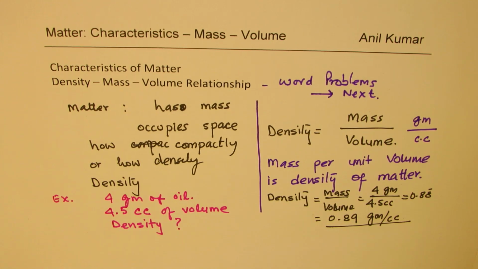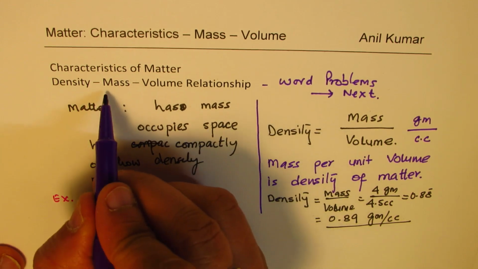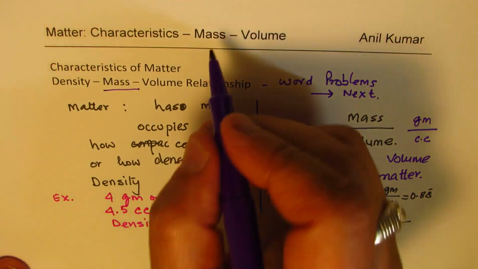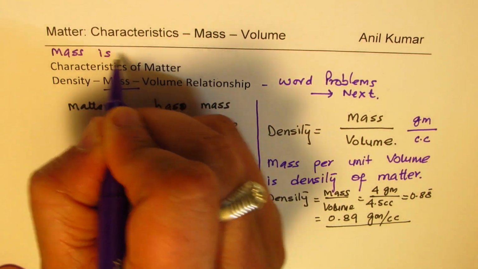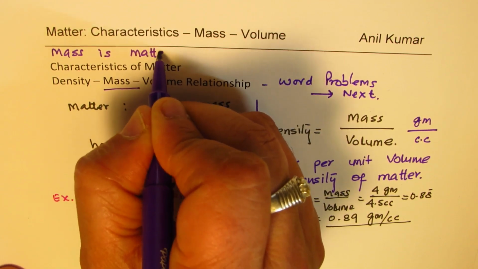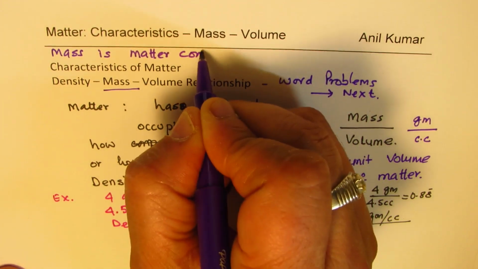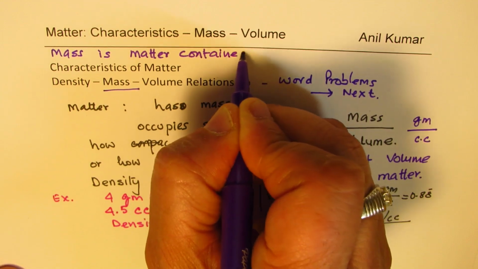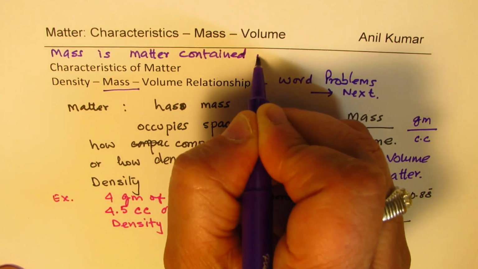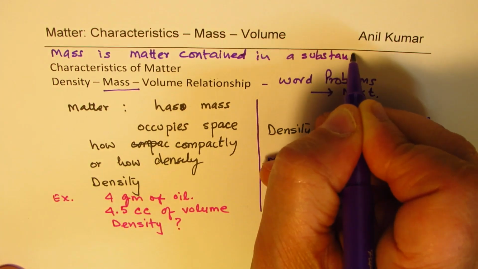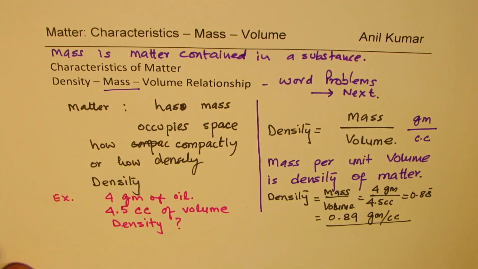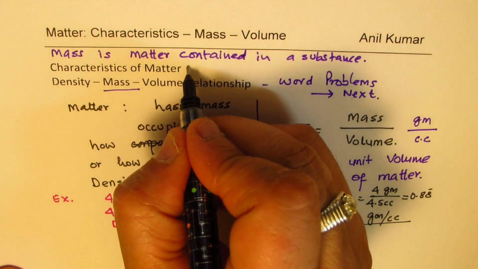Now here's a word of caution. When we're talking about mass, mass is matter contained in a substance, right? There is another term which is similar but that is different, which is weight.